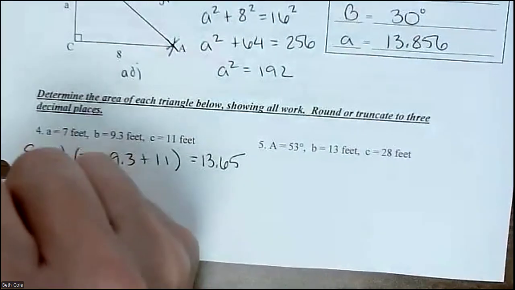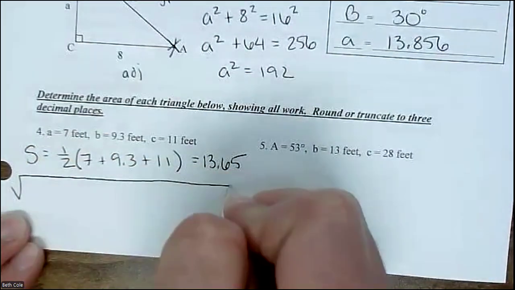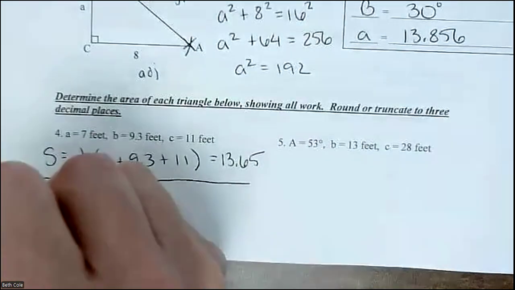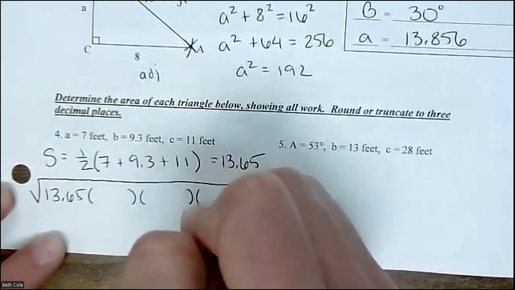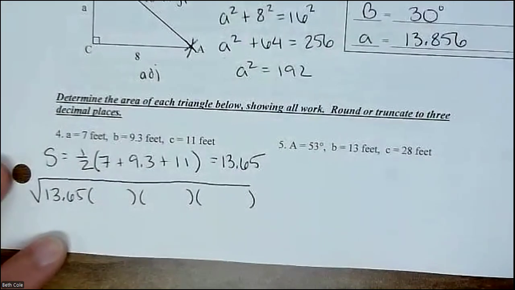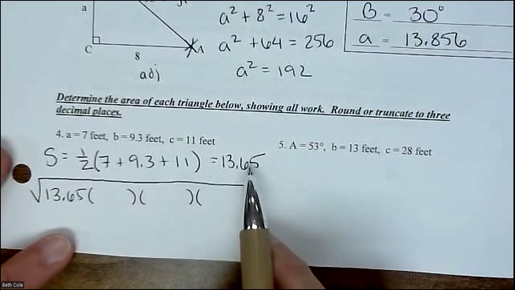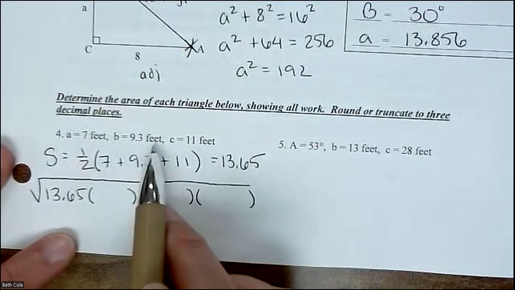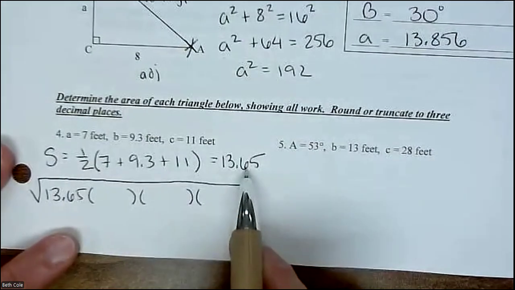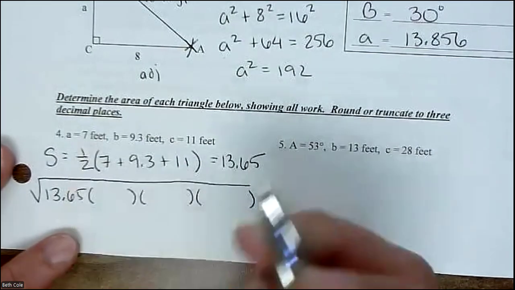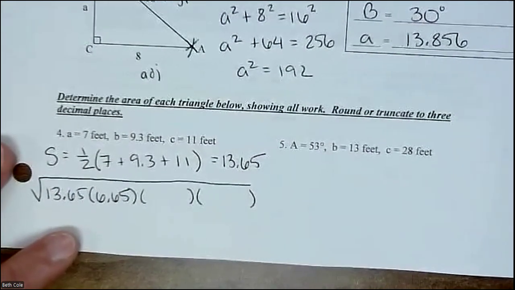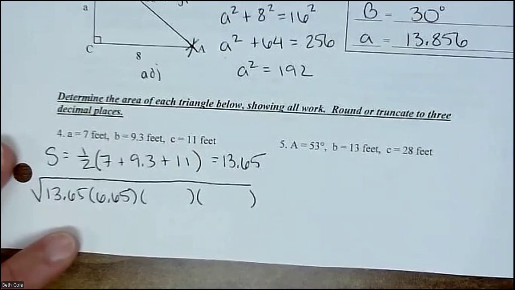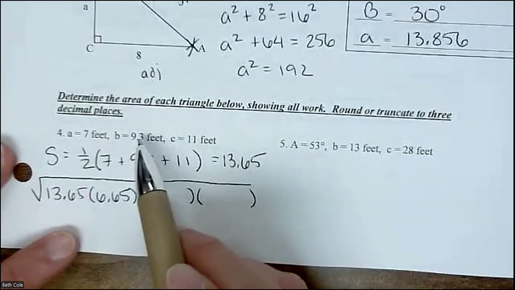All right, and then you're going to draw this gigantic square root. Underneath of it, you're going to put that 13.65. And then usually what I do is just draw 3 more blanks. And it's 13.65 minus each of these. So 13.65 minus 7 would be 6.65. 13.65 minus 9.3.